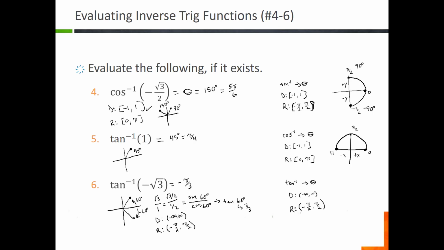But it's not including the endpoints, because that's where we got asymptotes when we looked at our graphs before. So we're okay at 0. At the top we have pi over 2, at the bottom we have negative pi over 2, and it's everything in between.